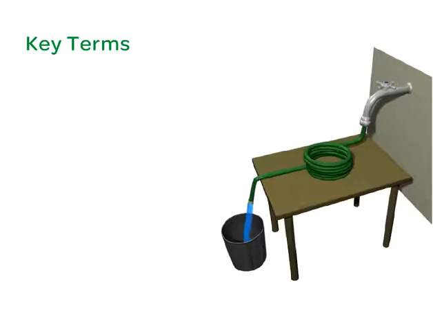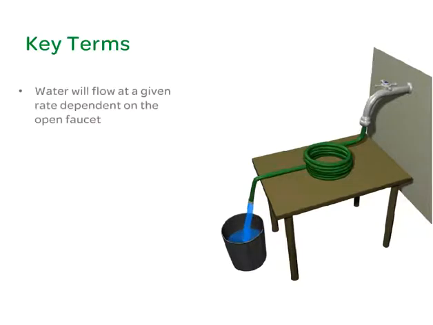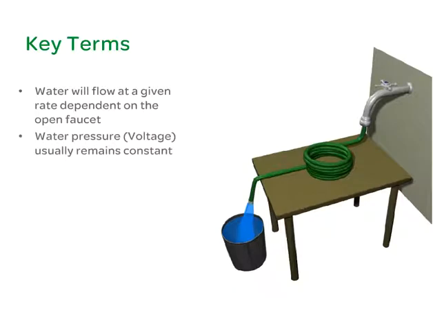Let's use a typical garden hose as an illustration for how electricity can work. Water will flow through the hose at a slow rate or a fast rate depending on how far the faucet is opened. Water pressure, equivalent to voltage, usually remains constant whether the faucet is opened or closed. Current is controlled by the faucet position, which is equivalent to resistance.